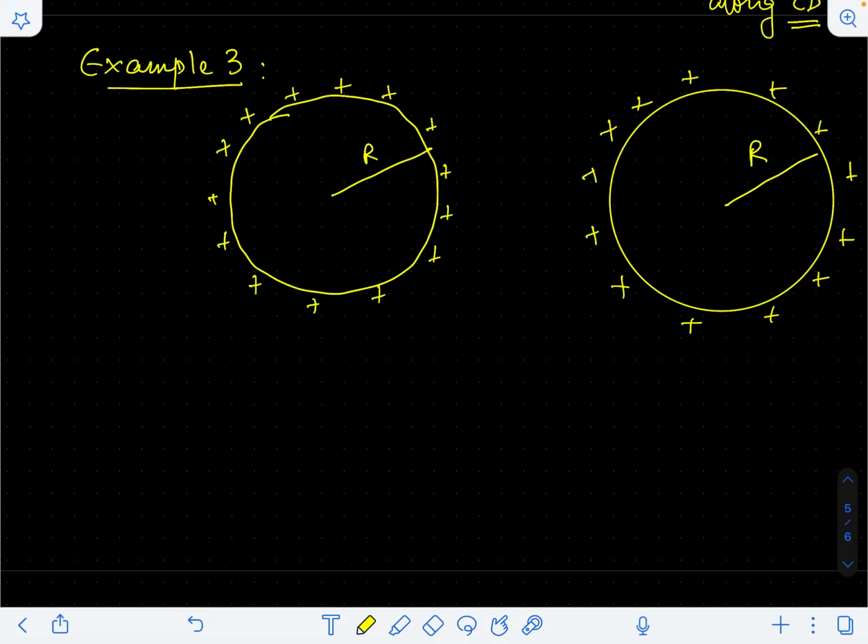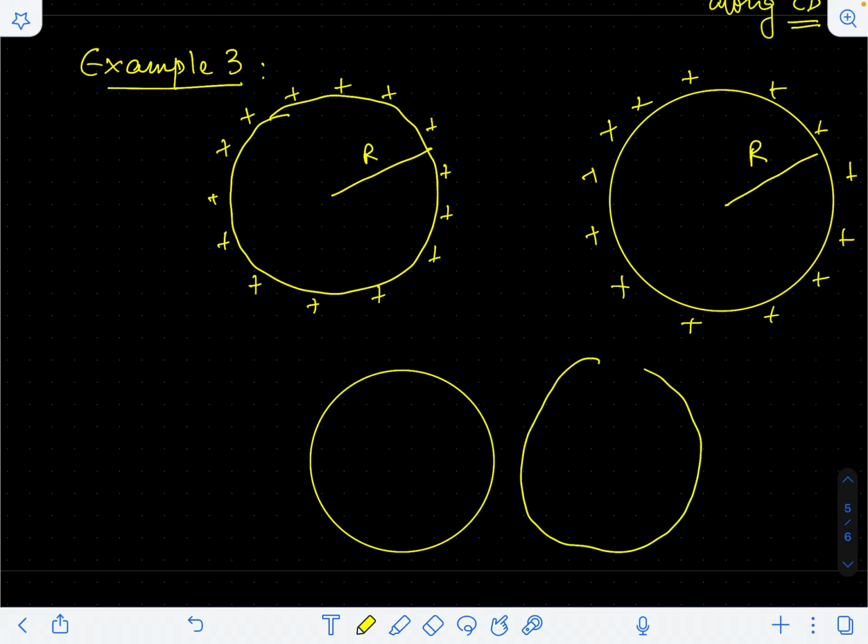Okay, so the question arises: if these two spheres are brought close to each other, something like this, what will happen? Can we apply the Coulomb's law formula here or not? Let's see.